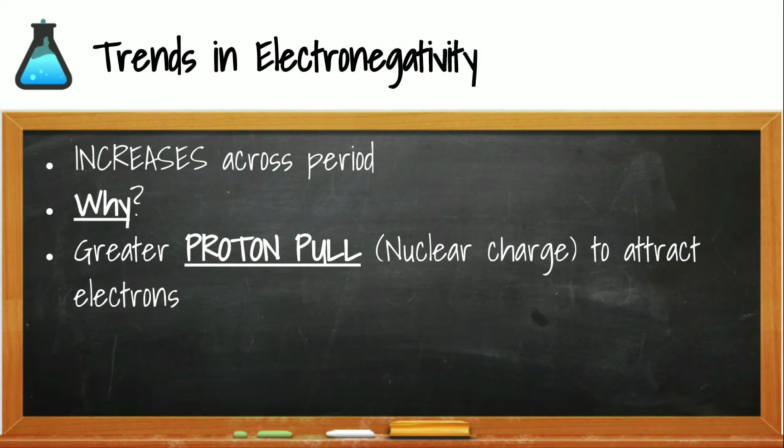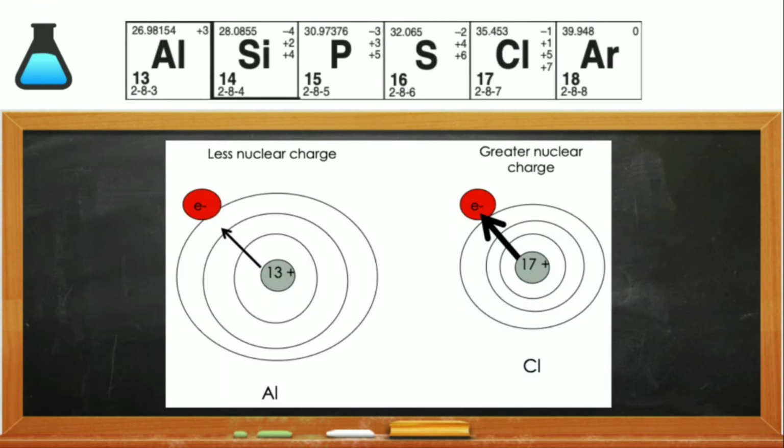Why does electronegativity increase across the period? Because as you have greater nuclear pull, the nucleus has a greater chance of attracting an electron. So as we go across the period, all the elements in period number 3 have 3 principal energy levels or rings of electrons.